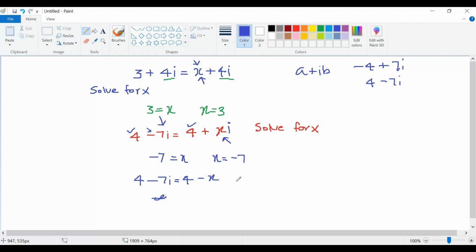So here I should have written minus xi. In this case, for these two complex numbers to be equal, what should x be? The imaginary part of the first complex number is negative 7, and the imaginary part of the second complex number is minus x. So negative 7 is equal to negative x, which is the same as x equal to 7.